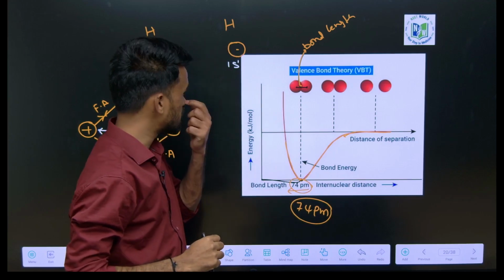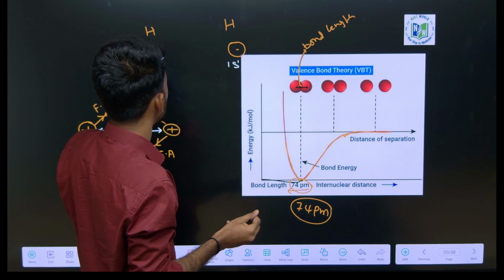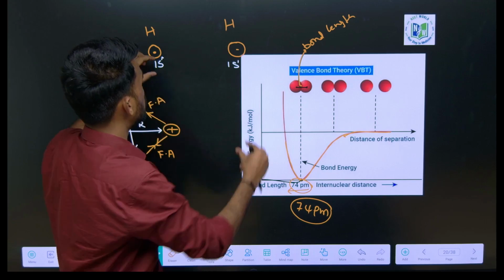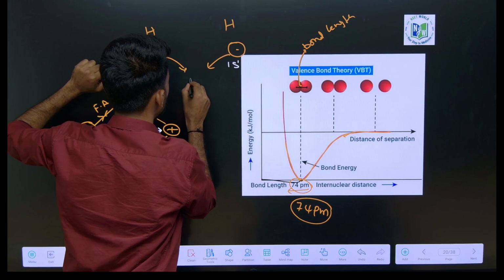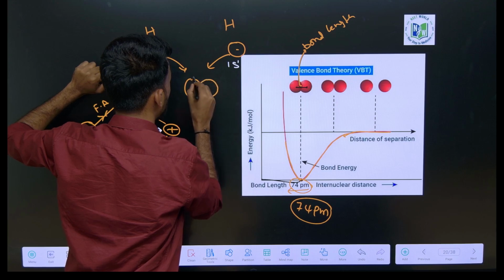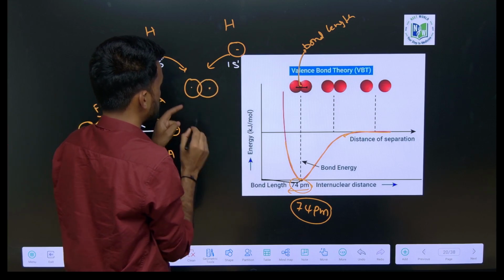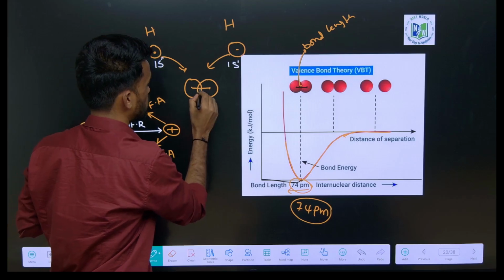Okay, so now this happens by partial overlapping. For example, this is a 1s orbital and this is a 1s orbital of two hydrogen atoms. Now the partial overlapping, it means let us bring them closer. So here consider we have reached a point where we are looking at them like this. The partial interpenetration of two atomic orbitals, resulting in the formation of a bond, is considered a bond.